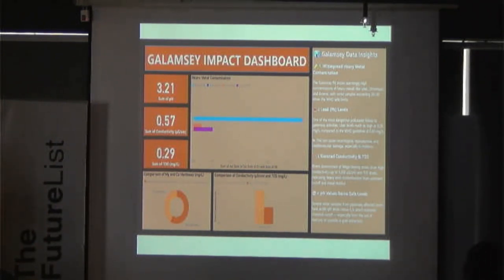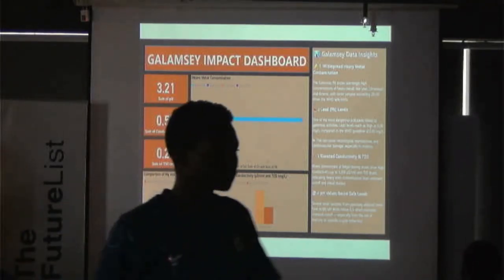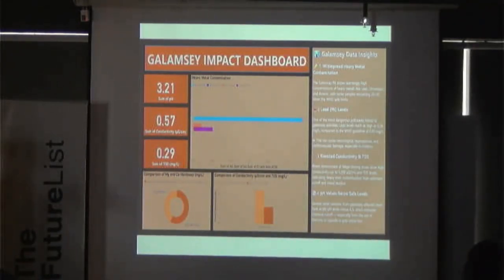Then a comparison of the hardness of the water in terms of magnesium and calcium ions, and the comparison of the conductivity and its relationship with the total dissolved solids. Now, at the right, the insights have been listed, and I'll talk more about it in our next slide.